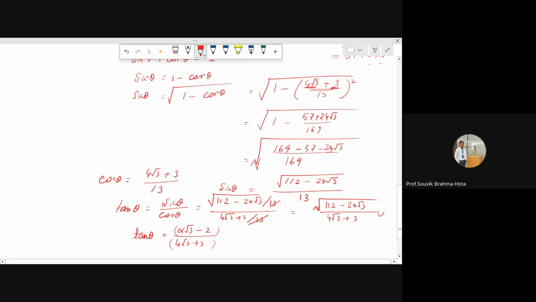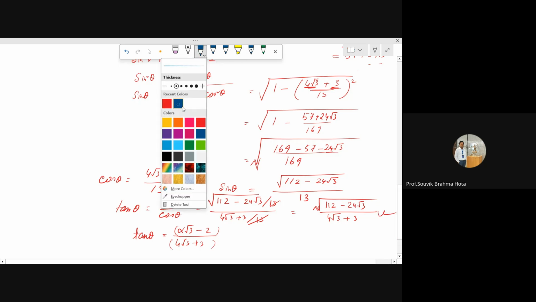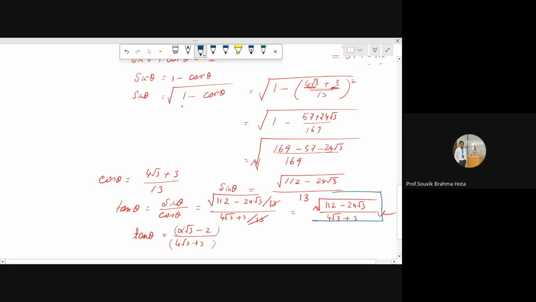This is also tan theta you got by calculating, and this is given in the question. While doing the comparison, see the denominator part of both of the things are equal. So no need to compare the denominator part. Only the numerator part if you compare.